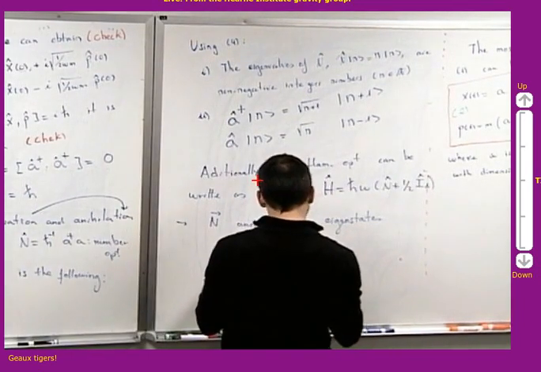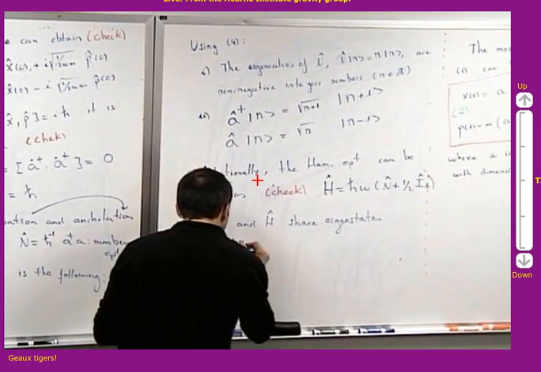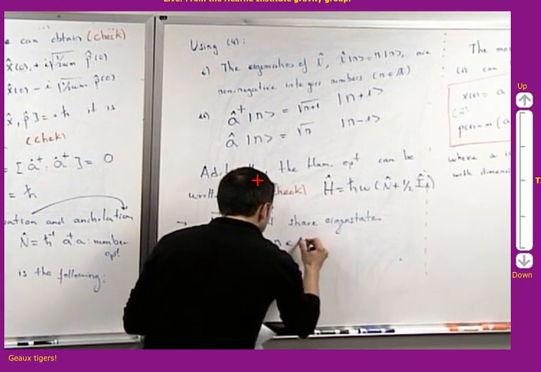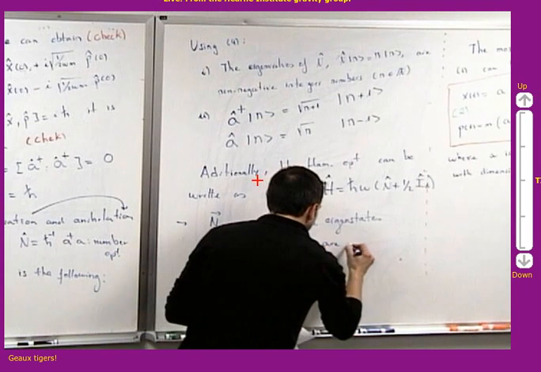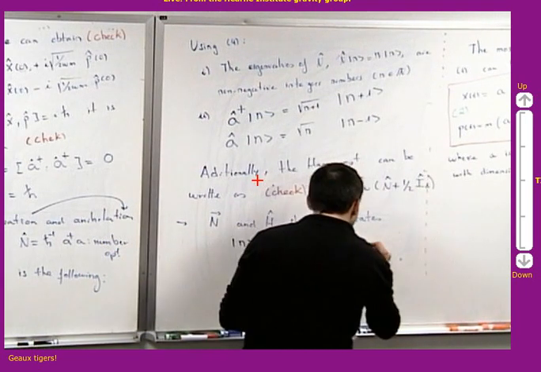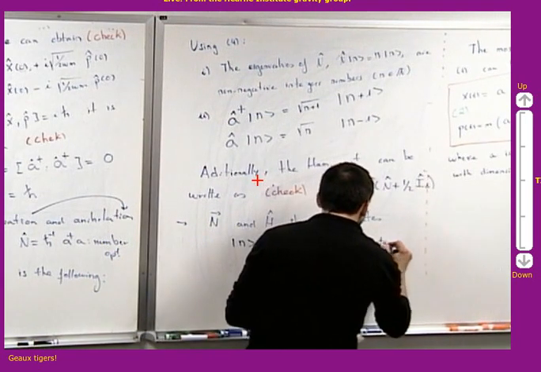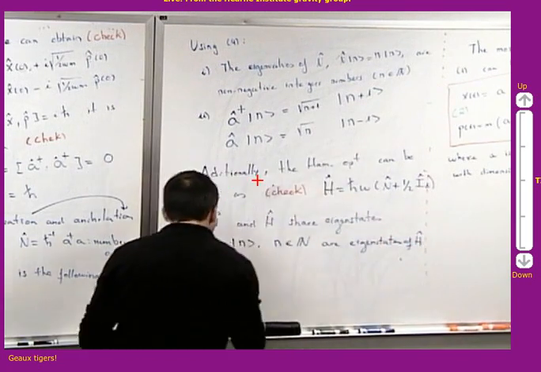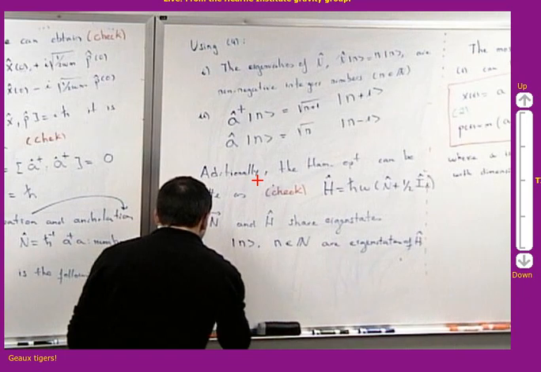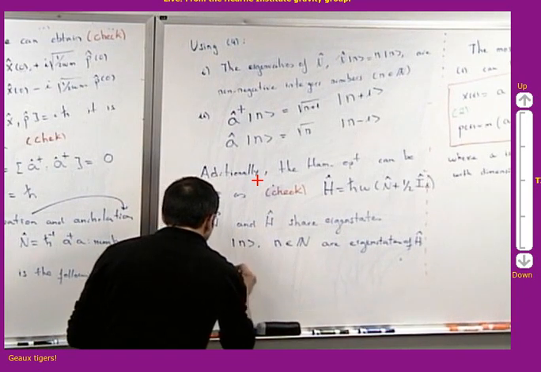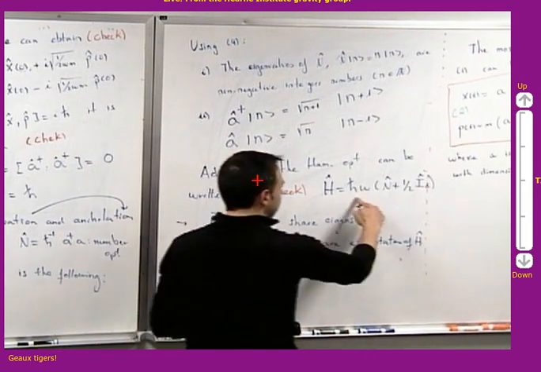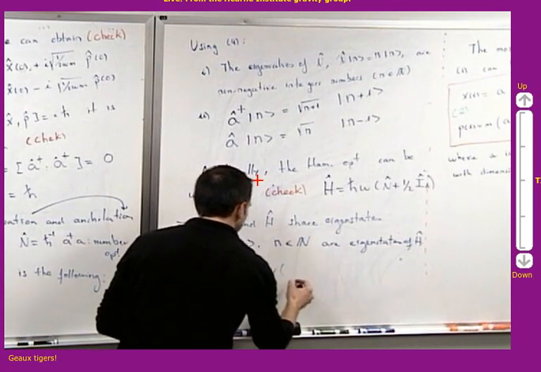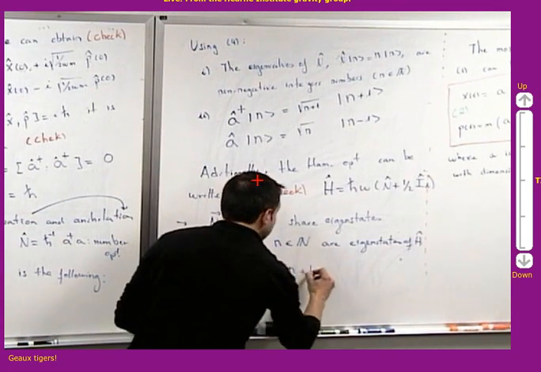And therefore, these states, labeled by some non-negative integer number, are eigenstates of the Hamiltonian, and the eigenvalue can be obtained easily from this equation. This is H bar omega (n plus 1/2).